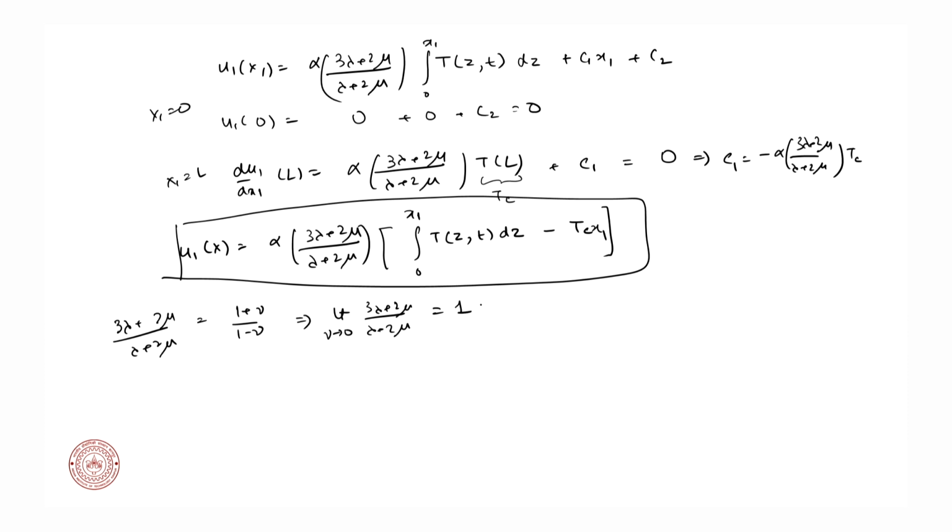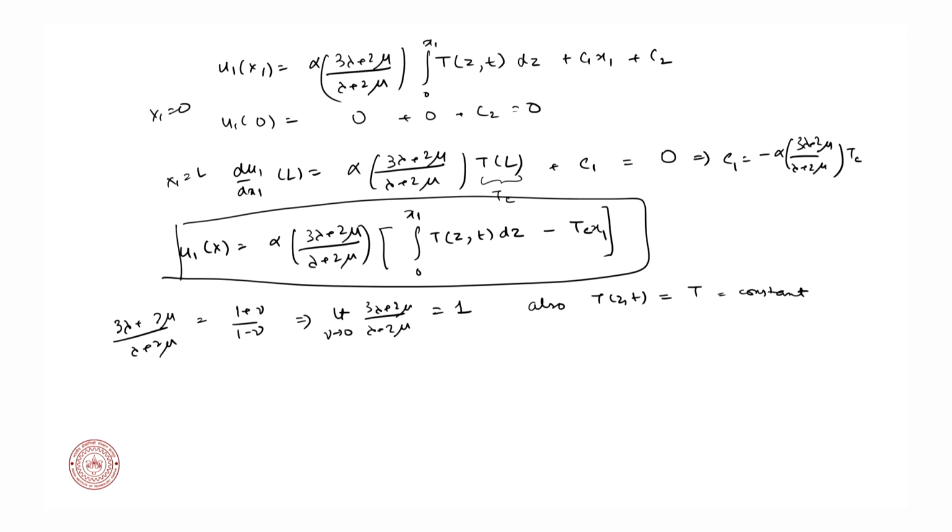Okay. This term is equal to 1, that is for very small values of nu, we can take this. Also, let us consider that T of z comma t is a constant at a given temperature T. Okay. So, let us take this as a constant.